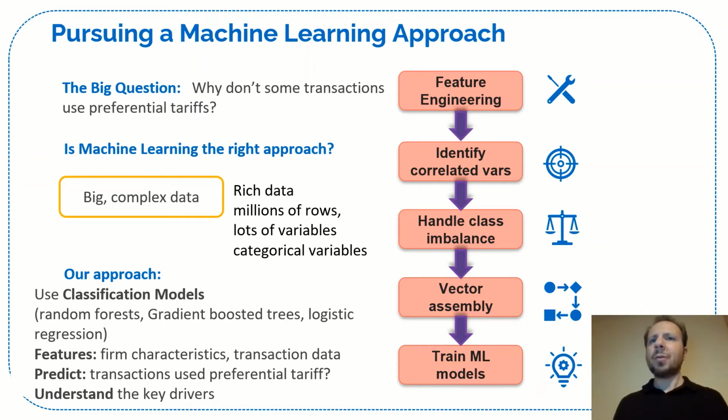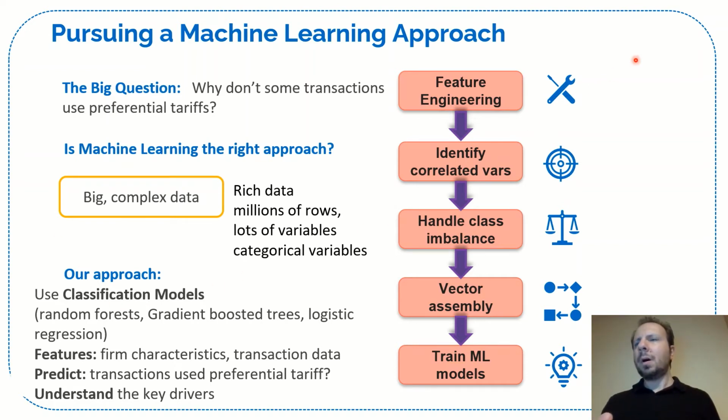For features, we're going to be using firm characteristics, such as firm size and turnover, and information about each specific transaction, such as the value of the transaction and the potential duty savings. What we're trying to predict here is whether a transaction has utilized preference tariffs or not, which will help us understand the key drivers behind this decision.